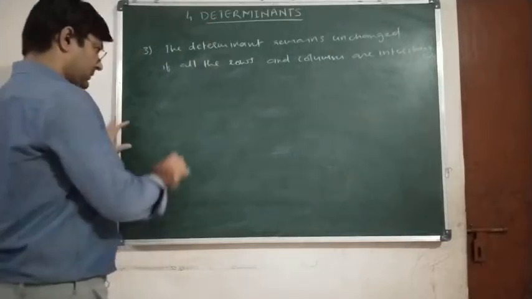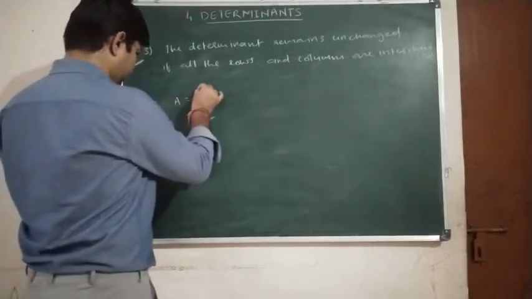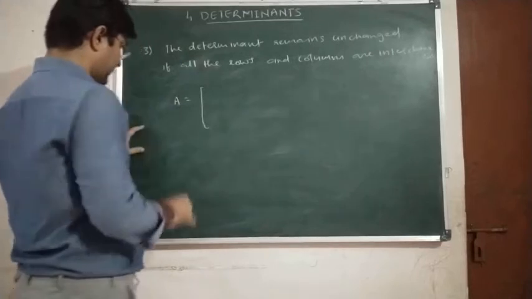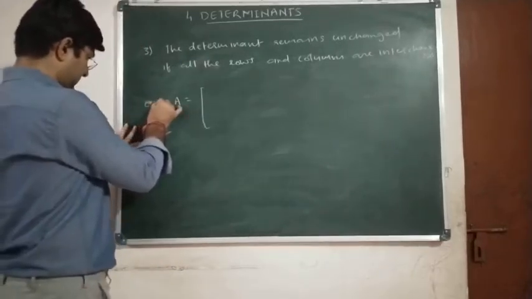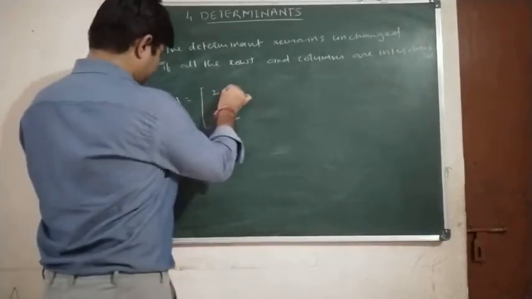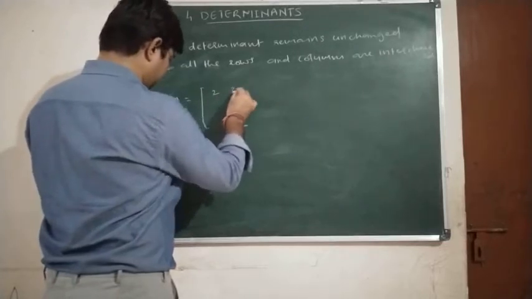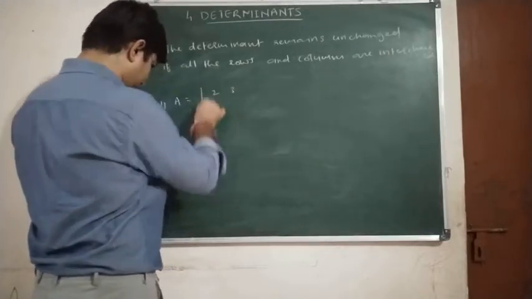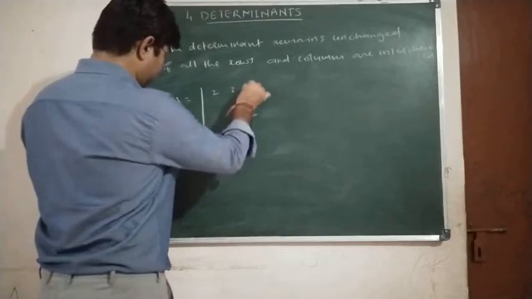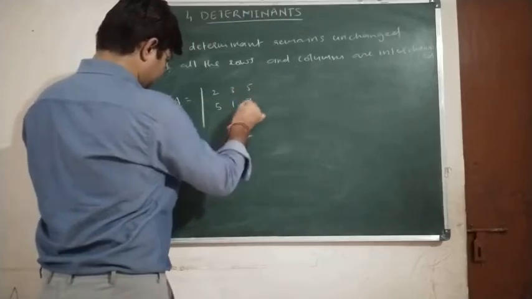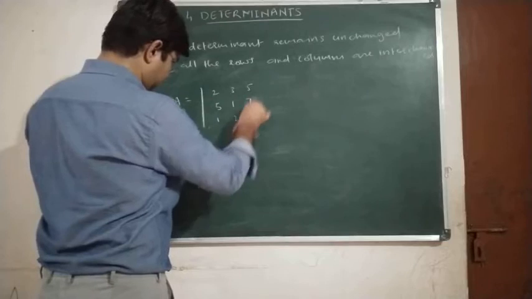Let us try to understand this with the help of one example. Here we will take one example only. Let us take the determinant directly. Determinant A: 2, 3, 5; 5, 1, 7; 1, 2, 3.